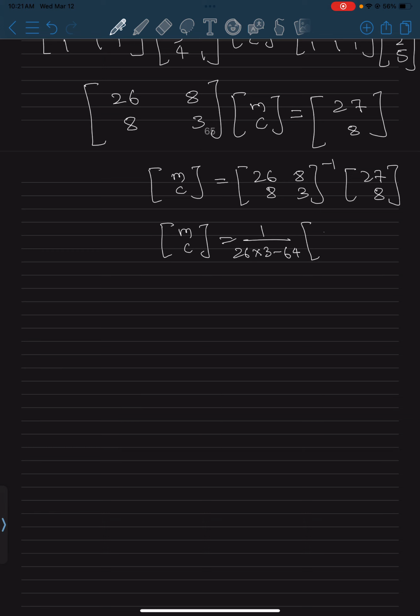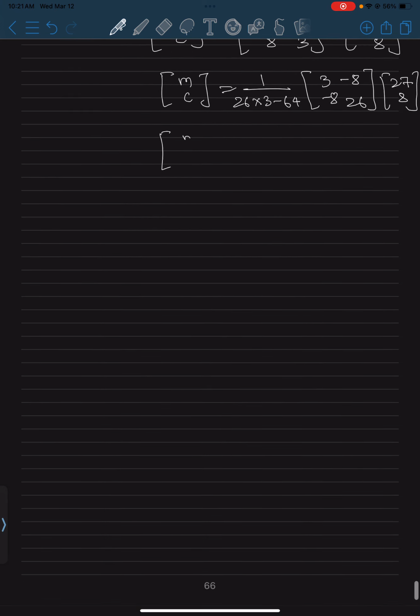Over here, the entries swap around, this has a negative sign, and 27, 8. Now your m, c will be 1 by, this is 6 times 3 is 18, 3 times 2 is 6, and 1 7, and then 3 minus 8 minus 8, 26.